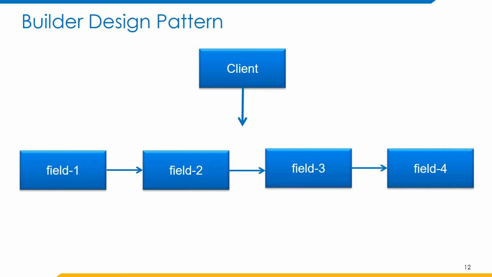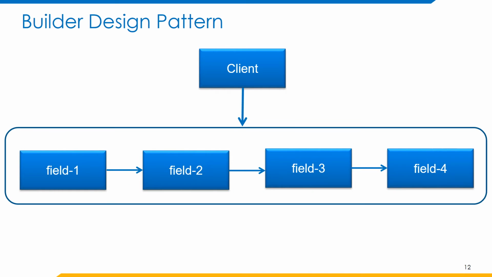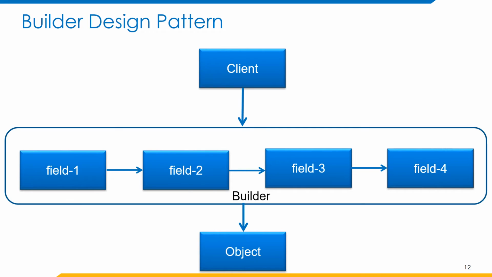These are the 4 sub-objects. Then they are combined and create another object, which is the main object. So here we are following the construction process to build multiple objects.